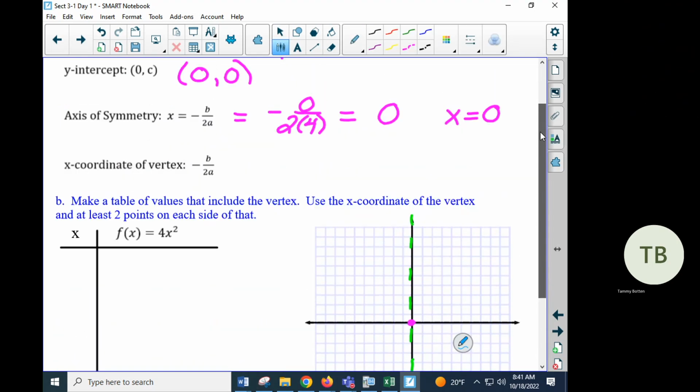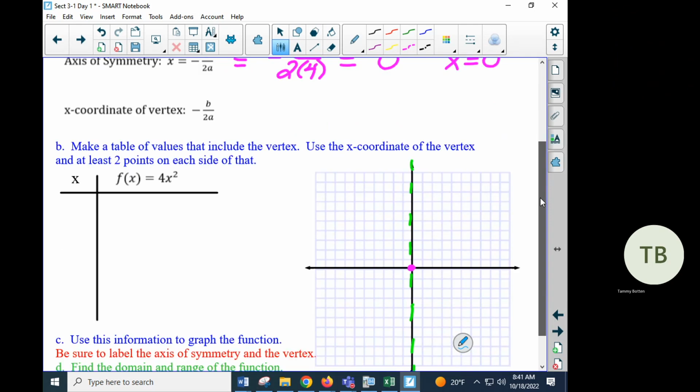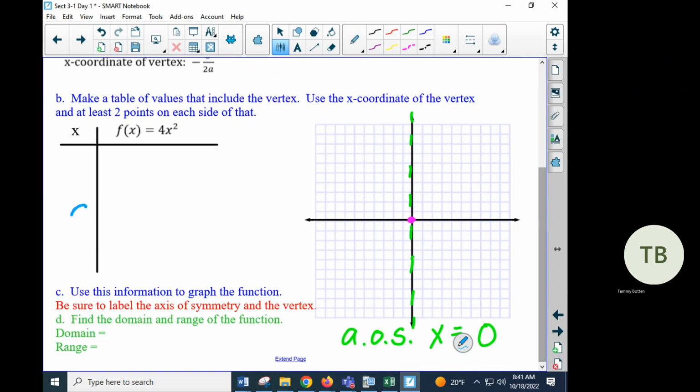Now again, this number 0 goes in the middle here. 1 below that would be -1, 2 below it would be -2, 1 above it is 1, 1 more above it is 2. And now I'm going to put that into my table on my calculator.